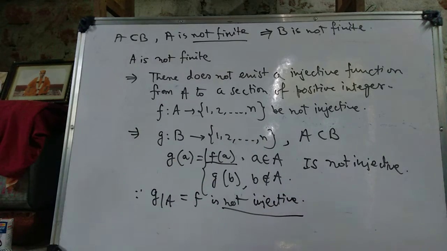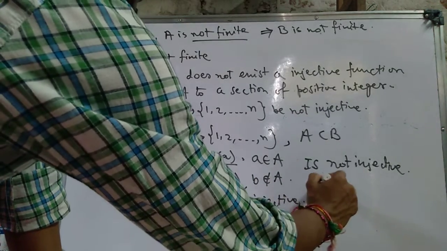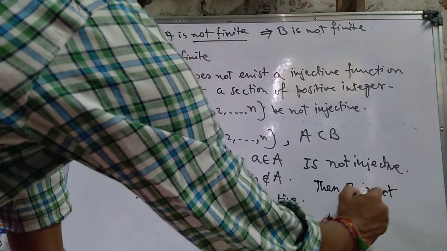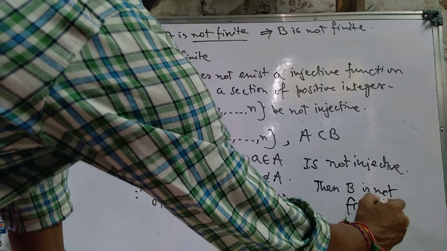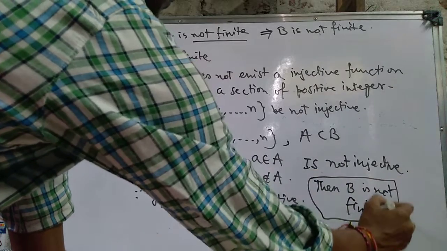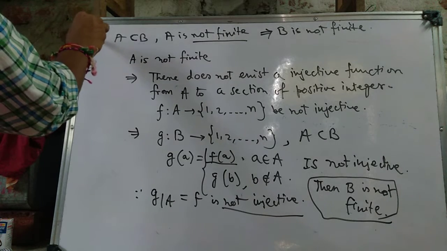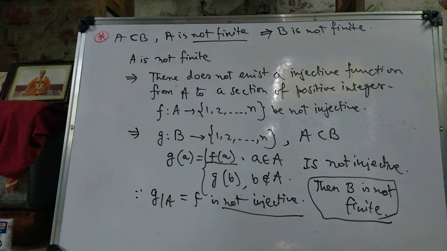So this g is not injective, then we know that B is not finite. We conclude this. Okay, we prove this one. So simply we prove this one. This problem is done. Okay, so today we stop here.